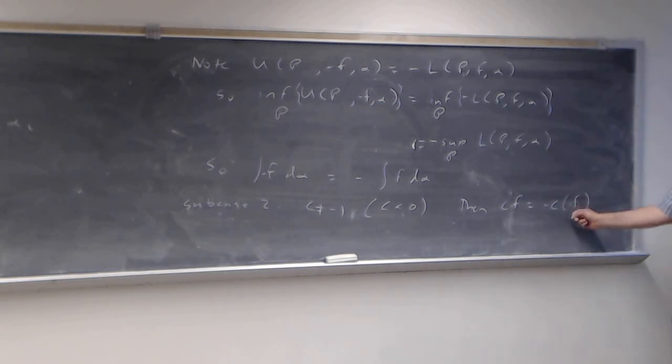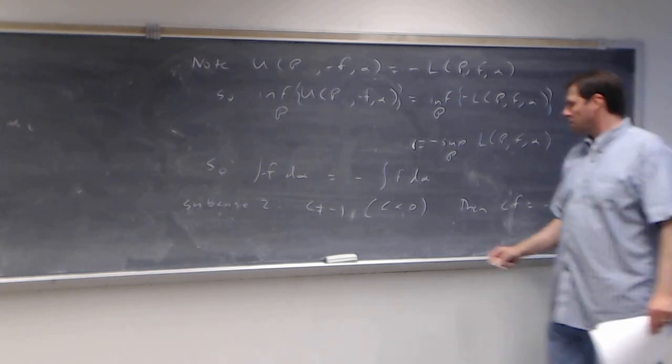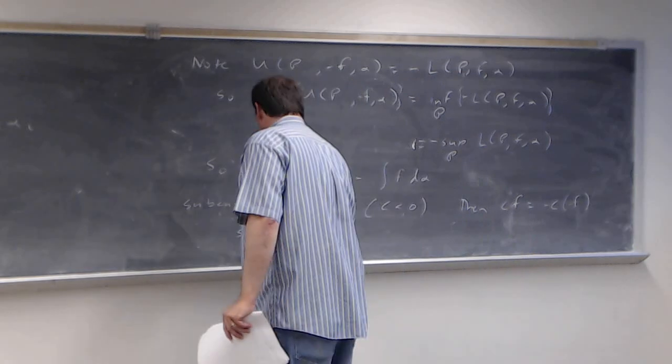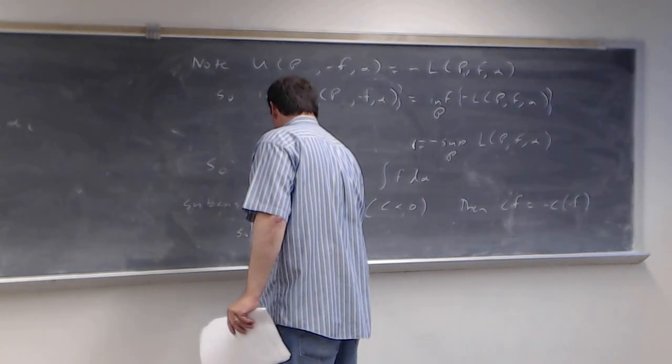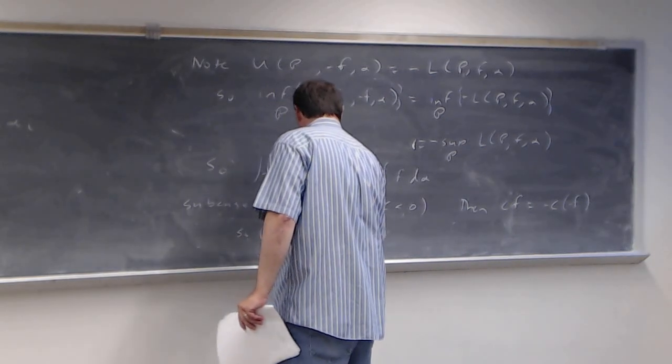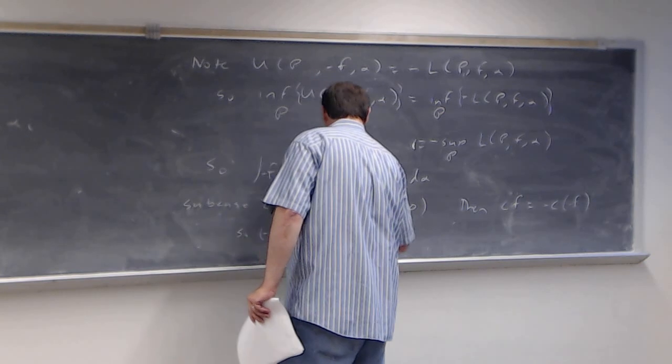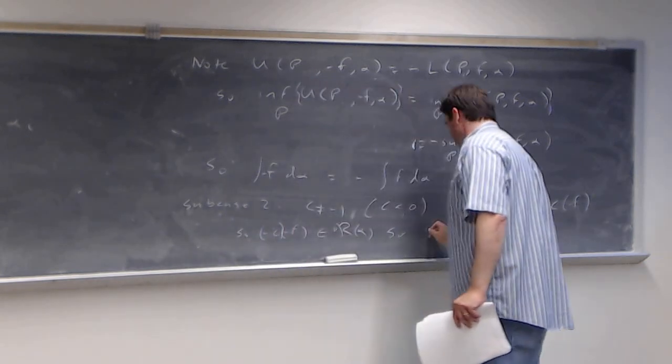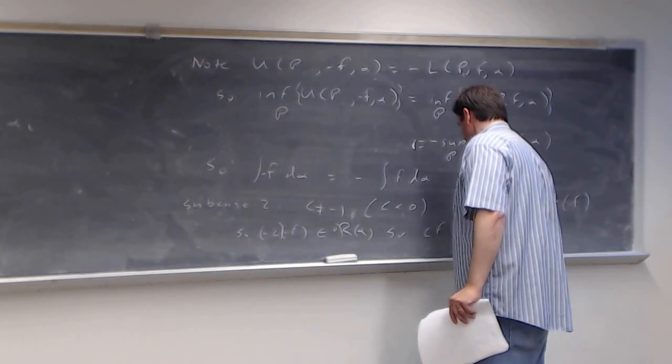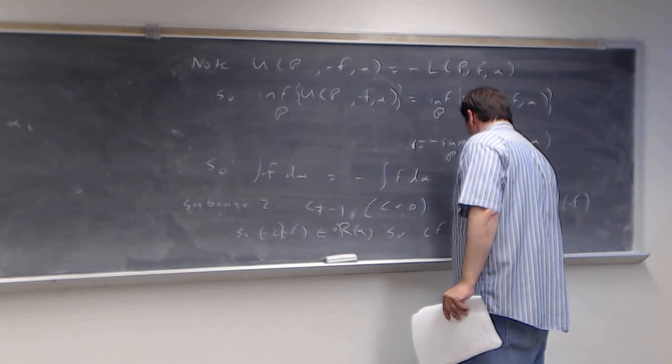And what we know is that since f is Riemann-Stieltjes integrable, minus f is Riemann-Stieltjes integrable, and minus C is going to be a positive number. So minus C times minus f is an element of the Riemann-Stieltjes integrable functions with respect to α. So that says that C times f is Riemann-Stieltjes integrable.